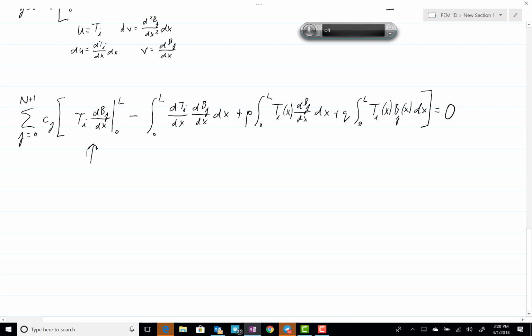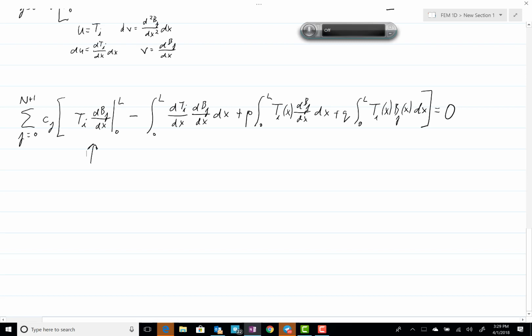Now again, you will need basis functions at the two endpoints, but you don't need to test at those two endpoints. So the first testing function you will have will be the one associated with node 1, not the one associated with node 0. And likewise, the last testing function that you have will be the one associated with node n, not with node n plus 1.